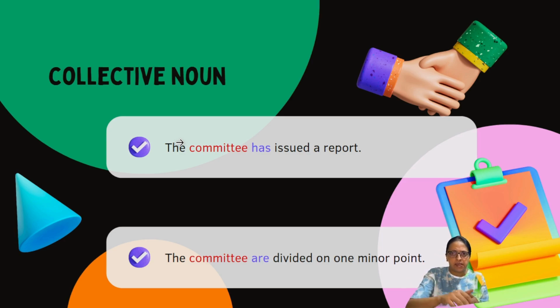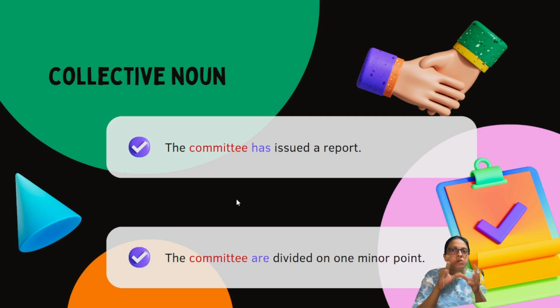But in the next sentence, the committee are divided on one minor point. Now look at this sentence. We have to understand the meaning. Now, suddenly the committee is there, but we have used a plural verb here. Why? Because we can see that they are divided. So the committee is now not acting as a team. It is being divided. They have different opinions on a particular point.